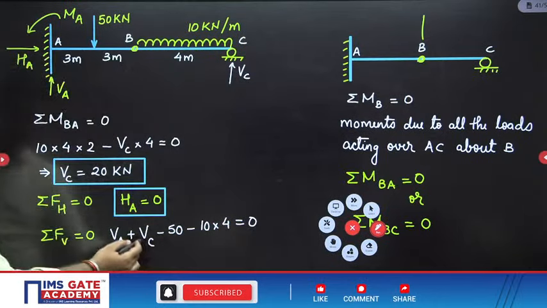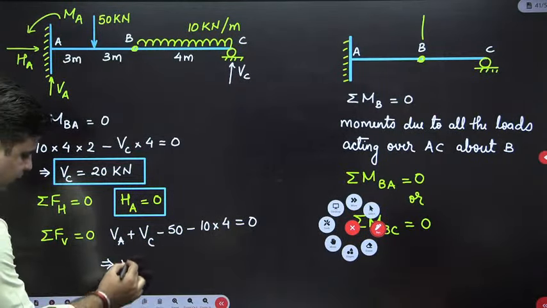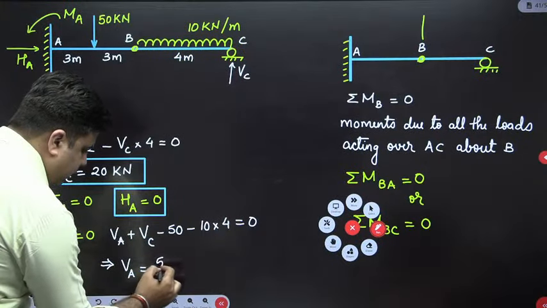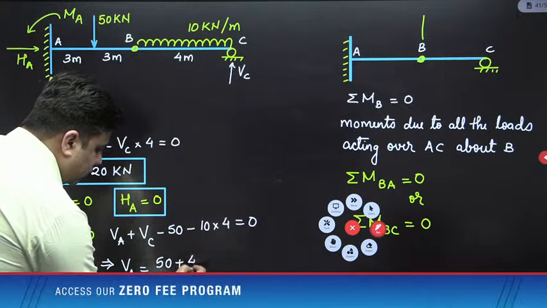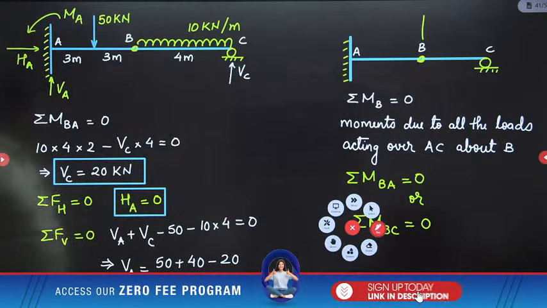Substitute the value of VC and get me the value of VA. What will be the value of VA? So this will be 50 plus 40 minus 20. Please get me the value of VA.